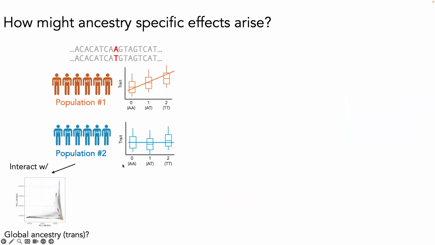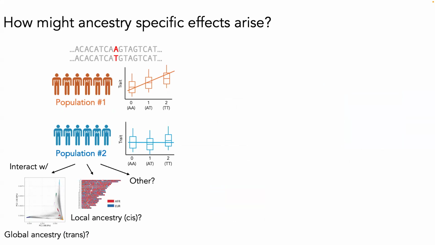Maybe there's an interaction with global ancestry, or maybe there's an interaction with local ancestry, or maybe there's an interaction with some other thing like environment or something that is specific to different ancestries. Zooming in on the local ancestry ones, why might it matter that you have European local ancestry at a specific locus? Why might that determine whether a particular variant has an effect or not?